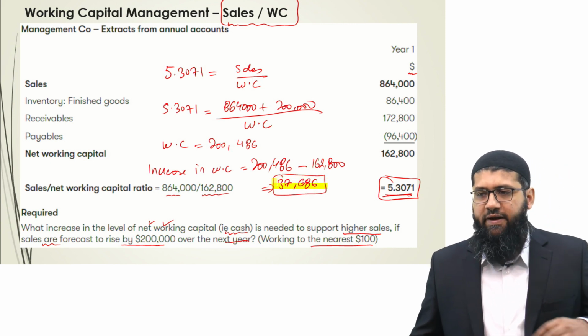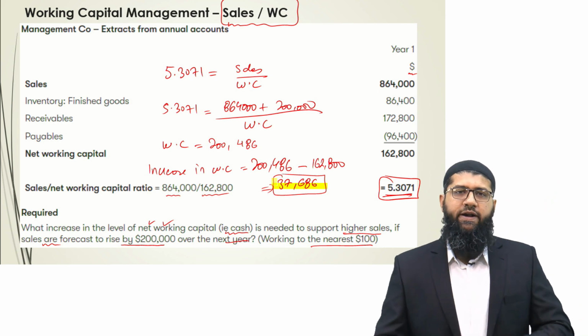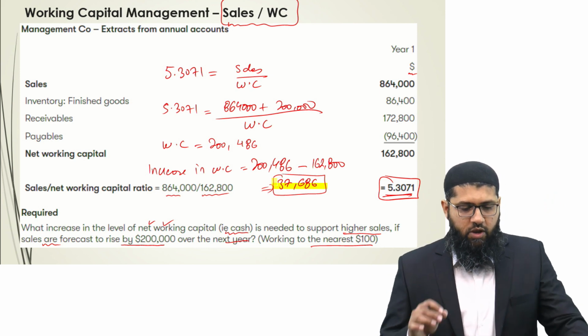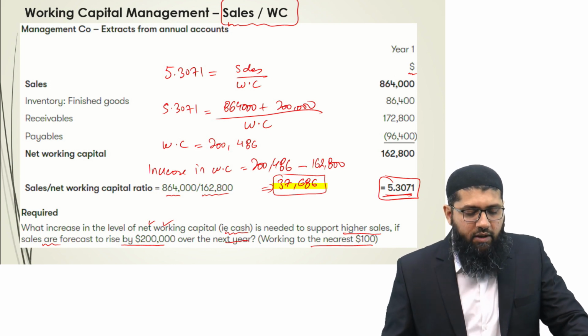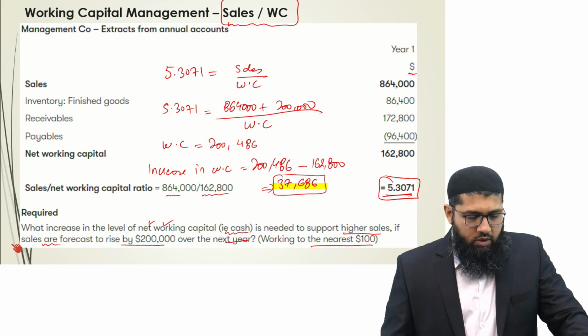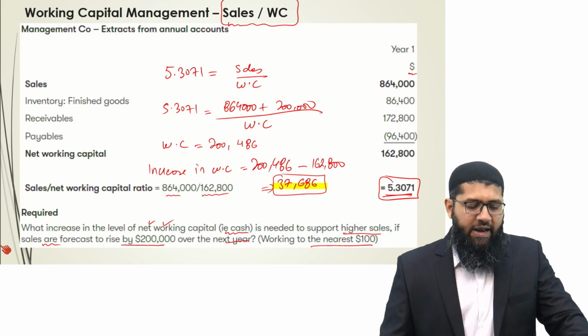So basically, 37,686 is what it is actually going to be. So we have calculated this ratio also, which is sales over the working capital. Let's move a bit forward and take things forward.